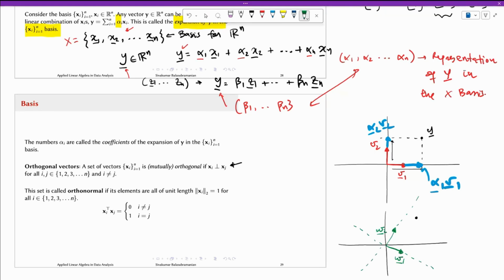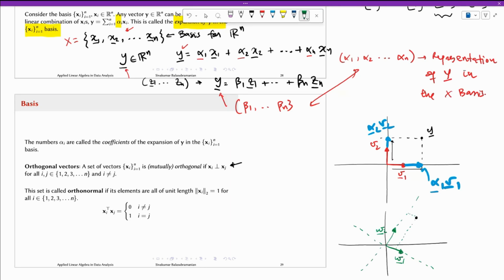I drop a line from this point y to W1, which is parallel to W2. And similarly, I drop a line from this point y to W2 parallel to W1.